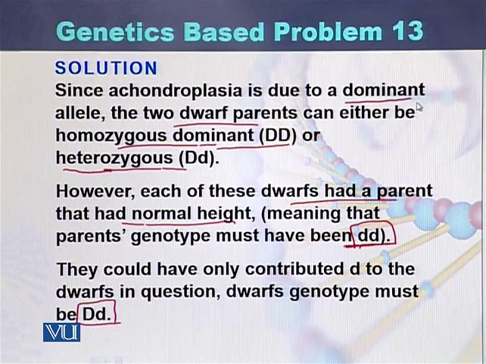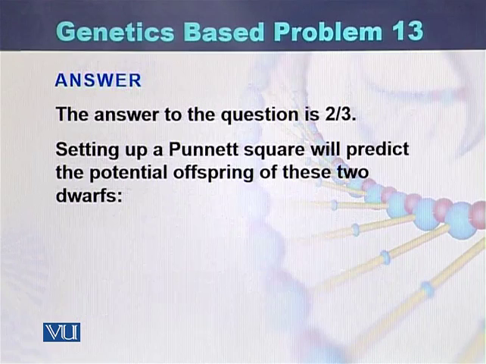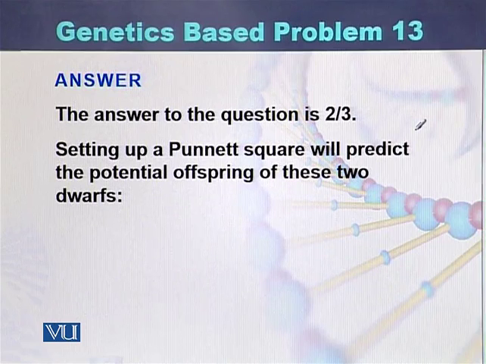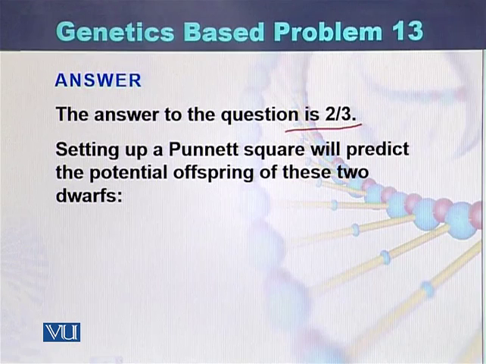We have concluded that both parents are heterozygous. Based on this, we can say that 2/3 of the children who are dominant for this disease will be heterozygous. How can we answer this question?